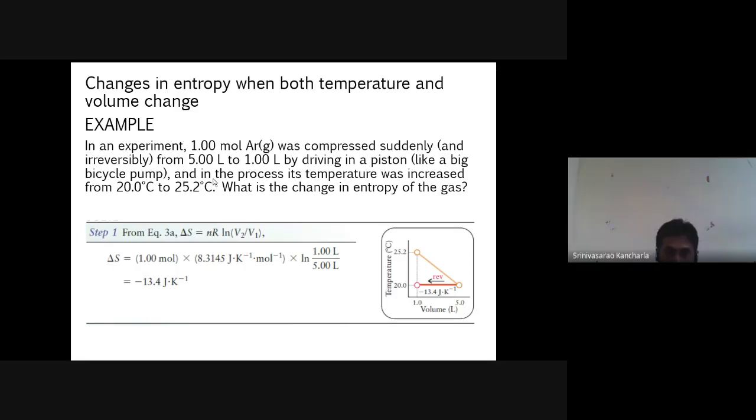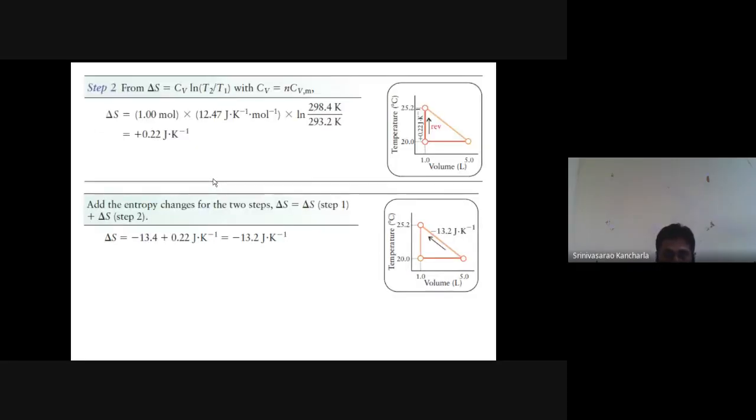Similarly, if you go for the other case, when you have a change in temperature, now you calculate the change in entropy for the change in temperature.